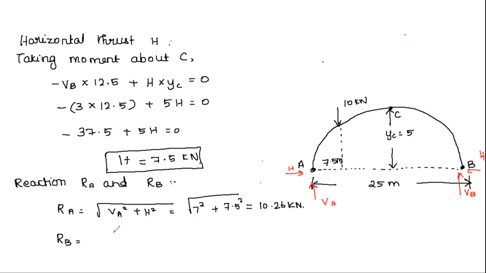And RB is equal to root of VB square plus H square, which is 3 square plus 7.5 square, which is equal to 8.08 kilonewton. So the answer for the second subdivision is also arrived.